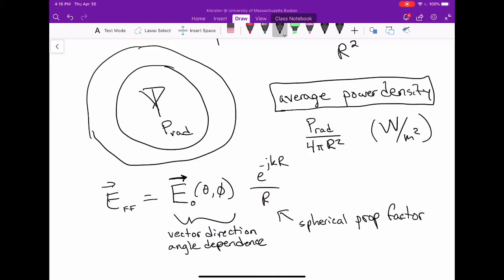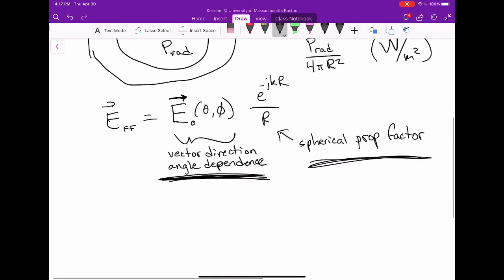Now, most of the properties of antennas have to do with this first part with the angle dependence, because all antennas have a spherical propagation factor. We all know about it, so there's not a lot of new information there. We kind of ignore it most of the time. But we talk a lot about the radiation pattern.